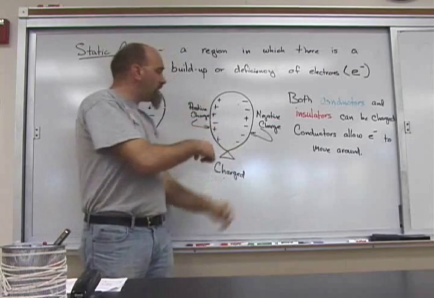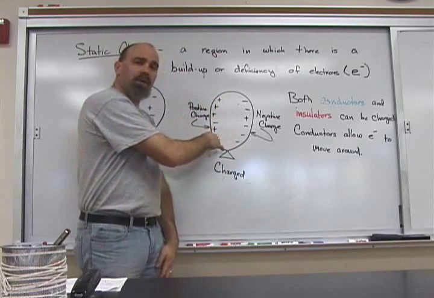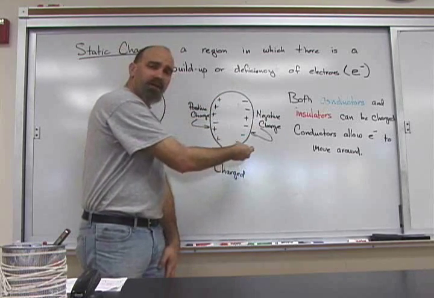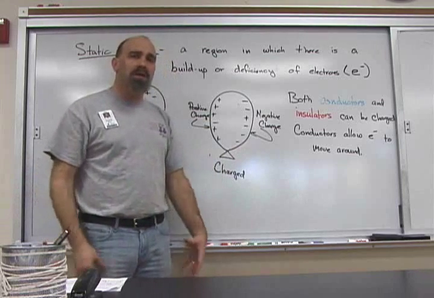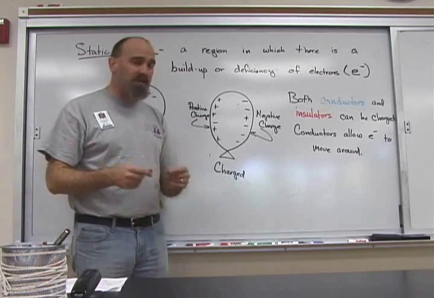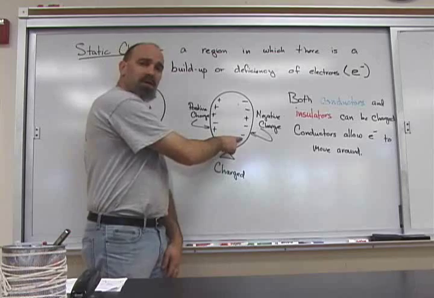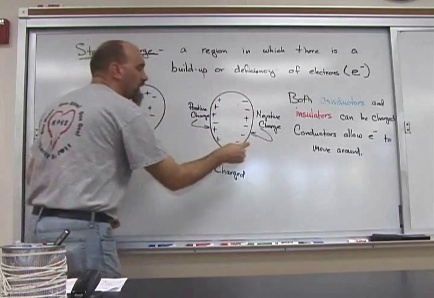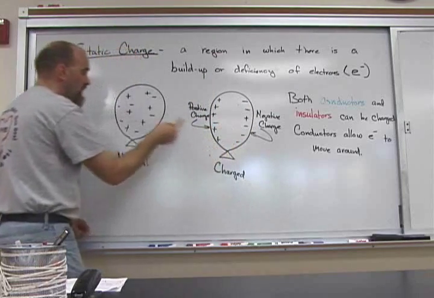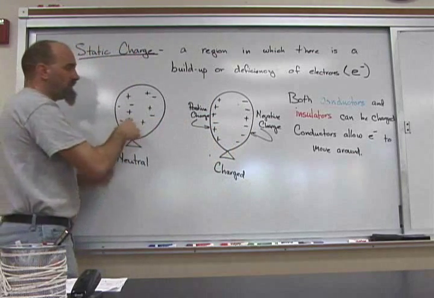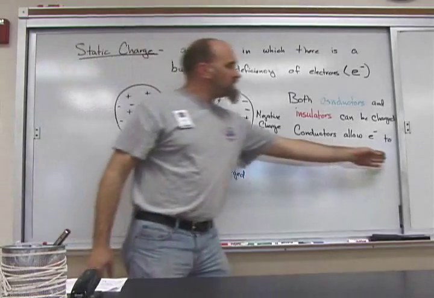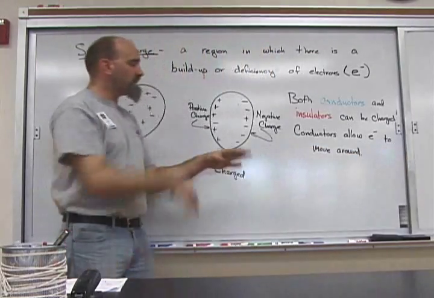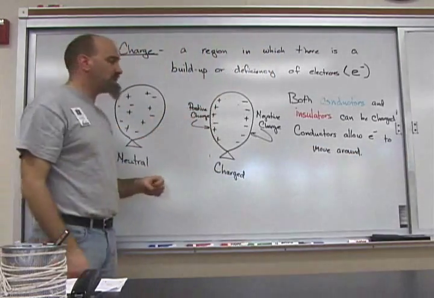If I charged it up so that this side didn't have very many electrons and this side had a lot of electrons, because it's made out of metal and it's a conductor, what happens to these electrons? They can move all over, and very quickly. It goes from a charged circumstance to a neutral circumstance. And so conductors allow the electrons to move around as they go.